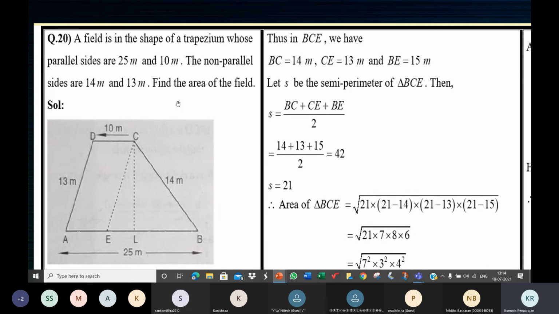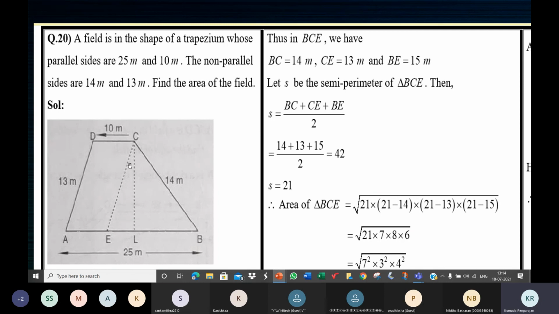To find the area of the field, that is the area of the trapezium, the formula is half into sum of the parallel sides, AB, which is 25, plus CD, 10, into distance between them, CL, which we don't know.